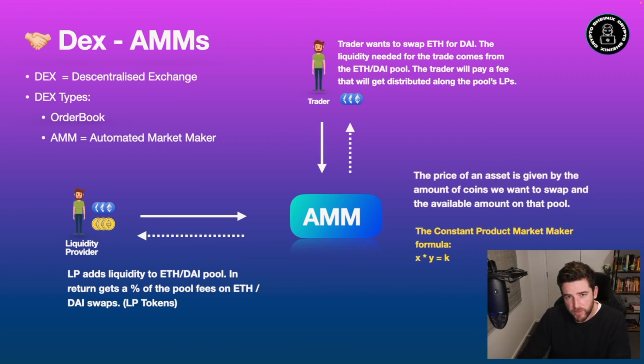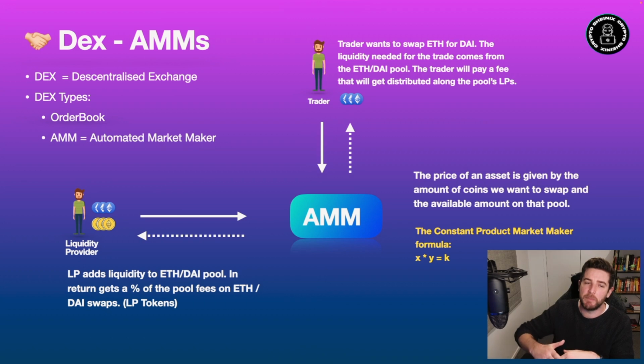The price of an asset, and this is a very important thing, is given by the amount of coins we want to swap and the available amount in that pool. So basically, based on the amount of money that we want to swap and the depth of the pool, the amount of liquidity that sits in that pool for all the trades.